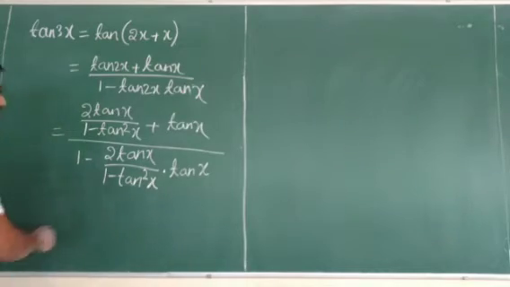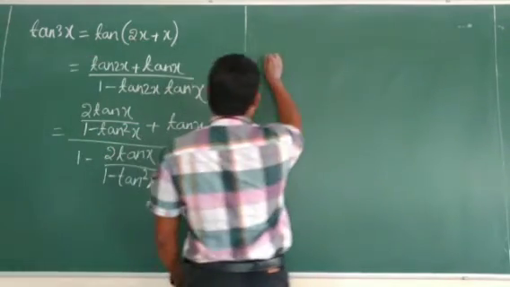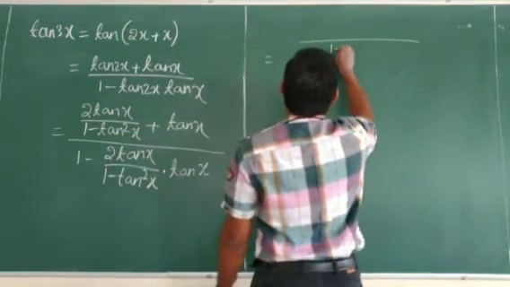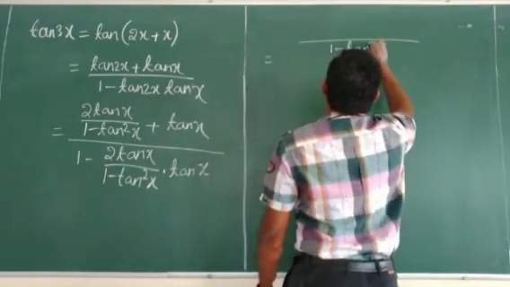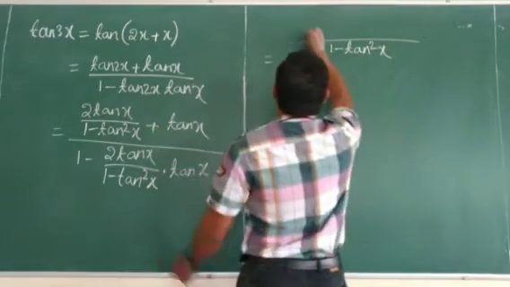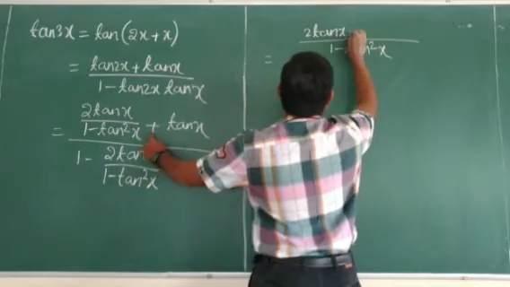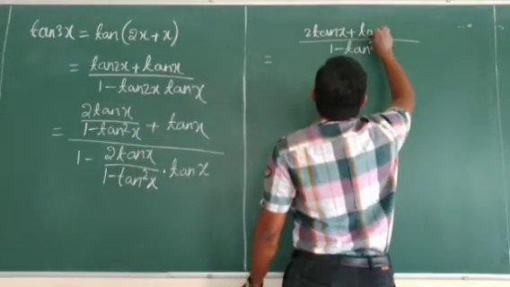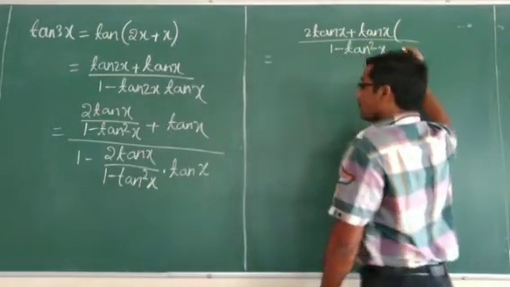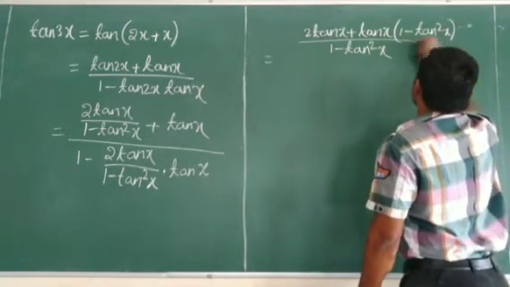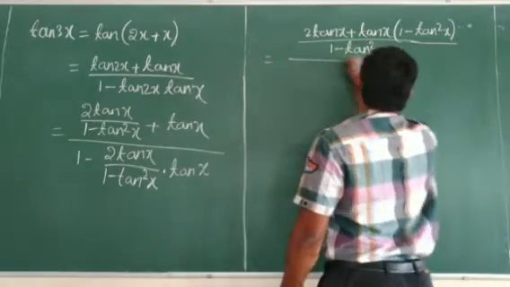Now we can take LCM in the numerator and in the denominator. In the numerator, LCM is 1 minus tan square x, so we get 2 tan x plus tan x into 1 minus tan square x, that is the numerator.